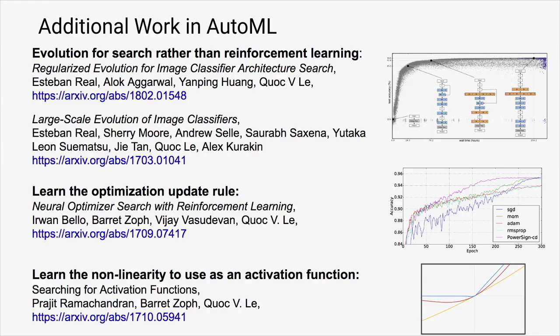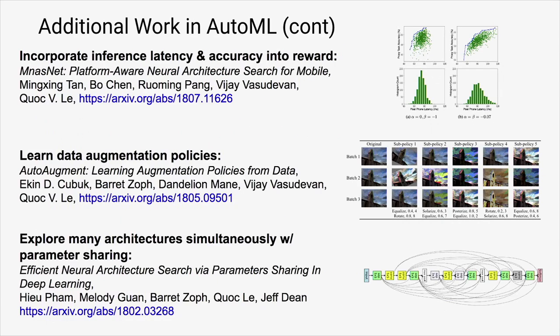There's a handful of these things that have been published in the past, and people generally use one of 4 or 5. We can actually learn how to combine symbolically different optimization update rules and get new and interesting functions, learn the nonlinearity to use instead of some of the ones that people have been exploring.